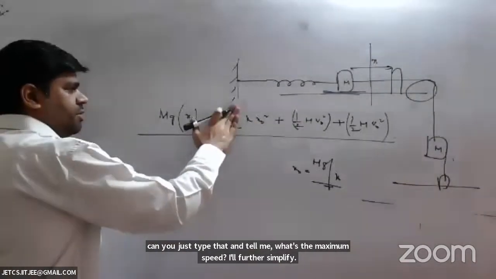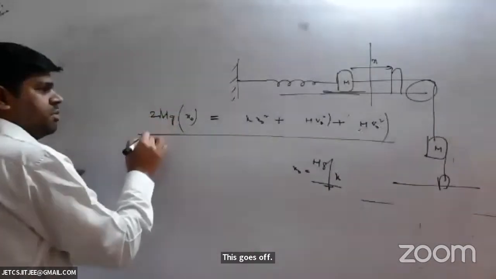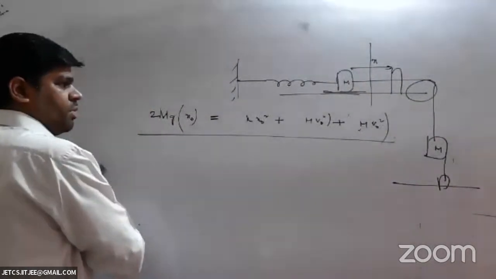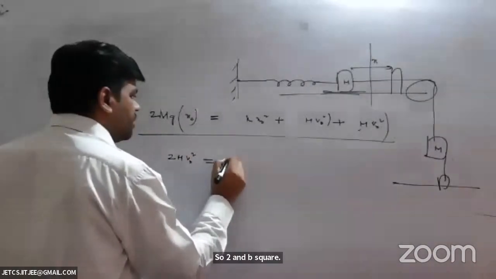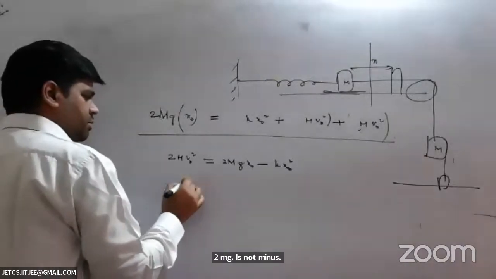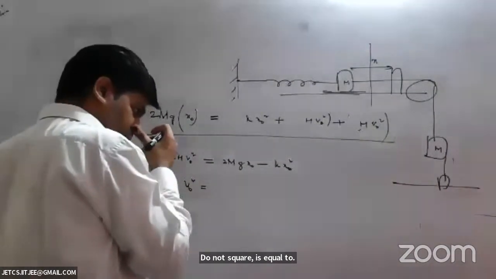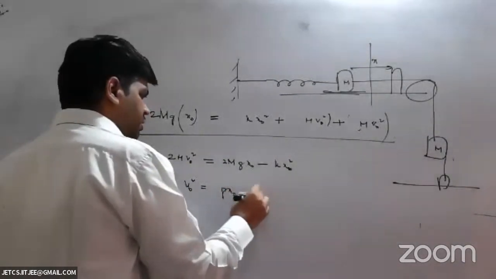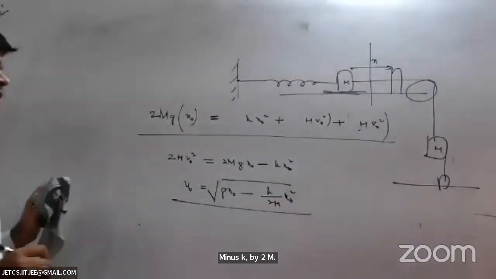So I'll have 2mv square equal to 2mg x naught minus kx naught square. v naught square is equal to, 2m gets cancelled out, gx naught minus k by 2m x naught square, under root. Now just plug in x naught equal to mg by k.